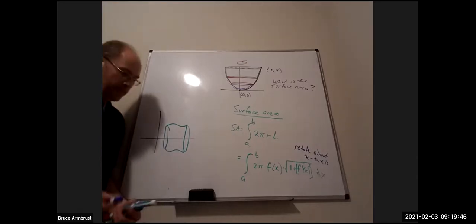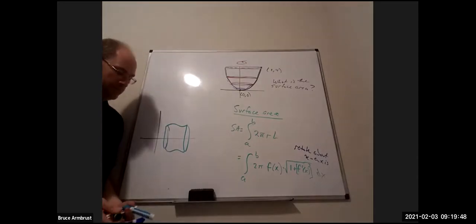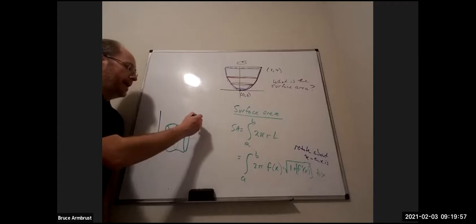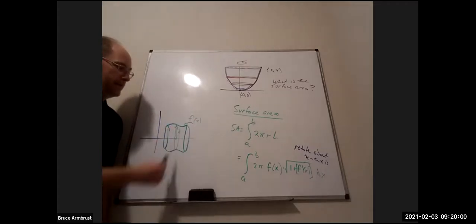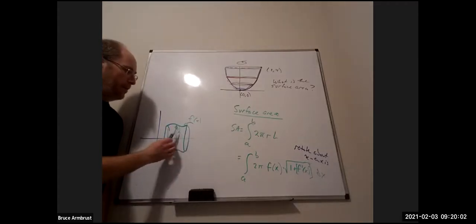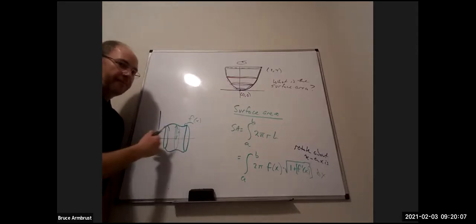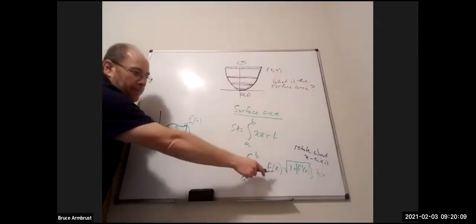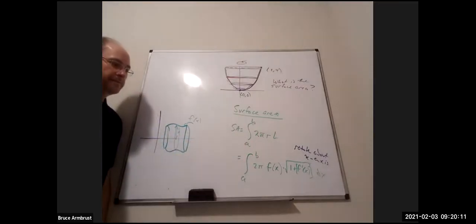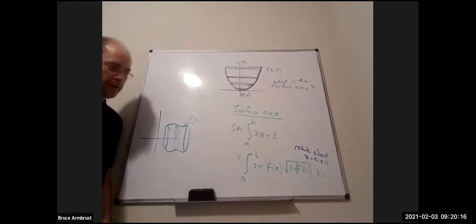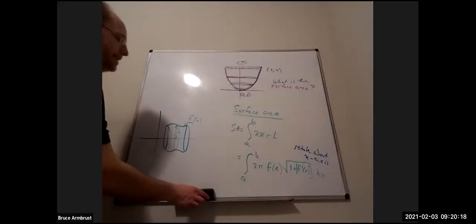So notice that the radius, here's our radius right here, the radius of the circle, that's going to be determined by f of x. We're going to multiply it by a little differential line segment length, add them up, and that gives us our integral. Okay, so there's the surface area formula for rotating it about the x-axis.